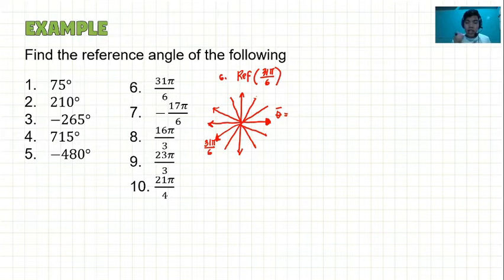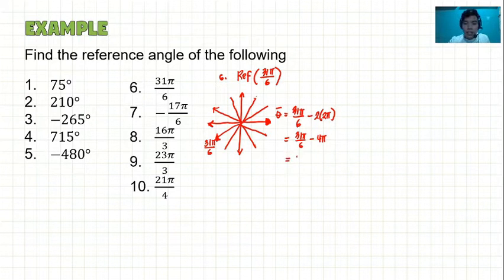So 31 pi over 6 is more than 2 revolutions, right? So therefore, we will just subtract 2 revolutions here. So in this case, we will now have 31 pi over 6 minus 2 times 2 pi. So this is now equal to 31 pi over 6 minus 4 pi.